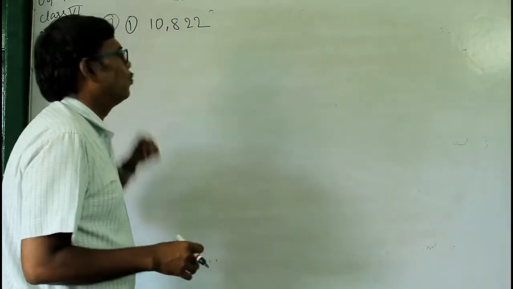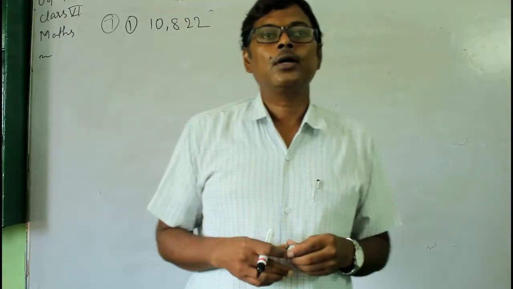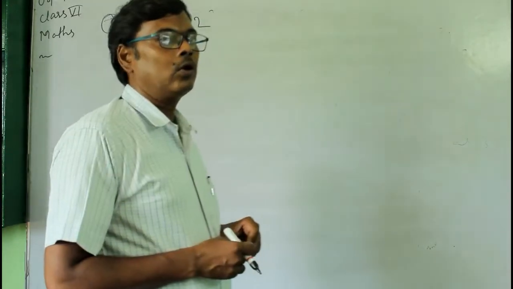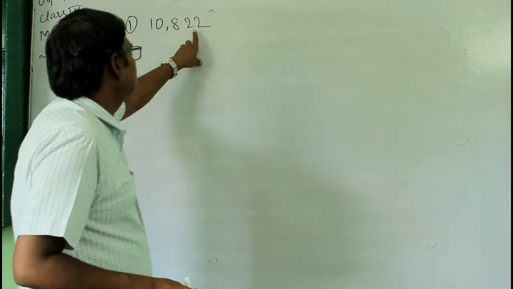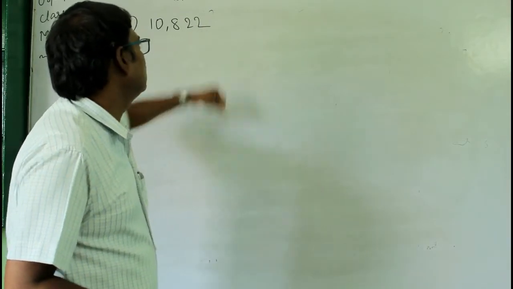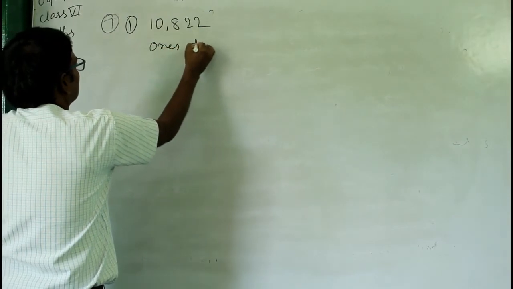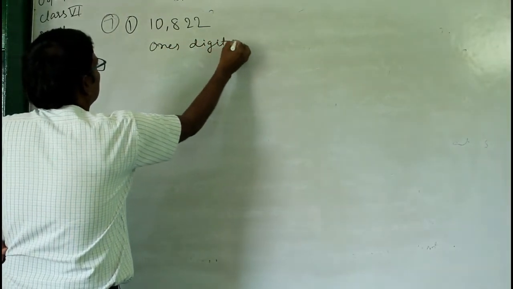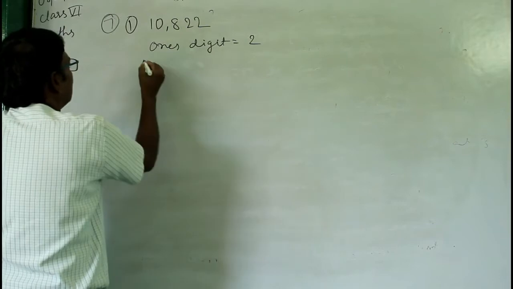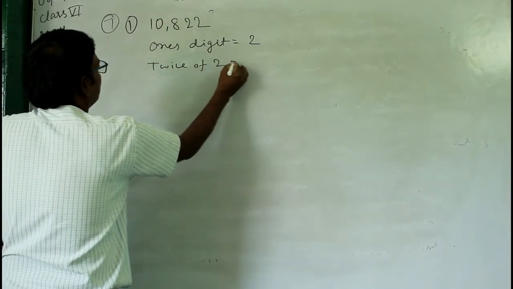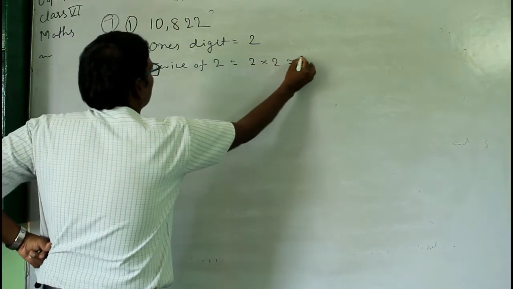Okay, so what is the rule for testing a given number whether it is divisible by 7 or not? The rule is: first observe the ones digit. Ones digit equal to 2. Now twice of 2 equal to 2 into 2 equal to 4.